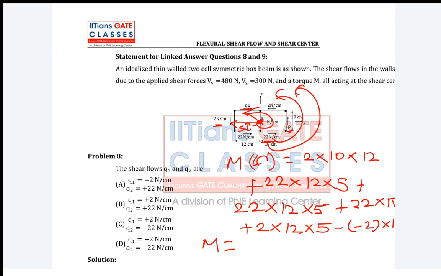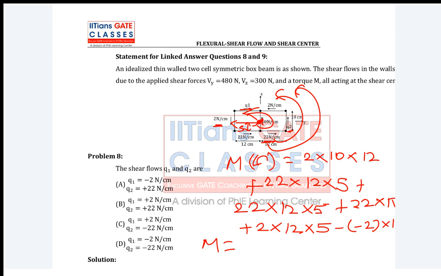So this, the torque, so whatever the torque produced by these shear flows will be equal to what? Applied torque. Anyone if having doubt, let me know.